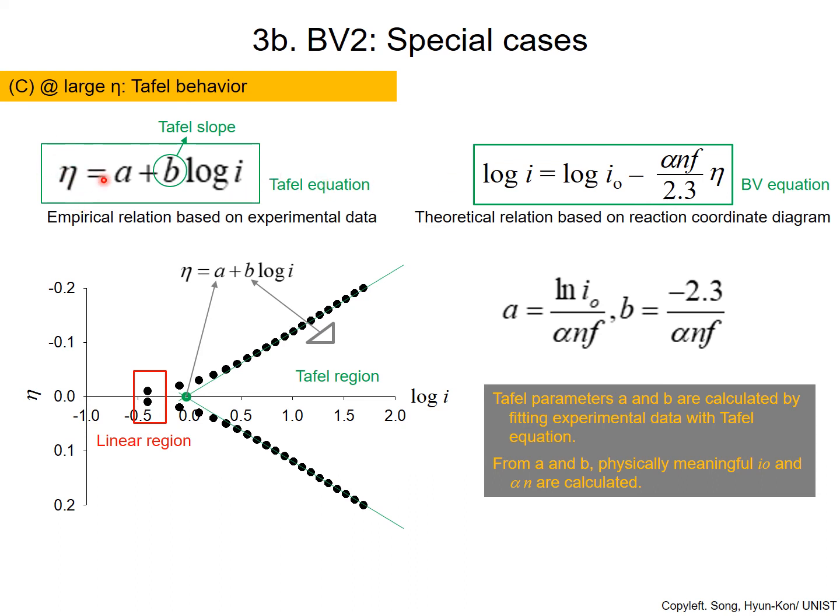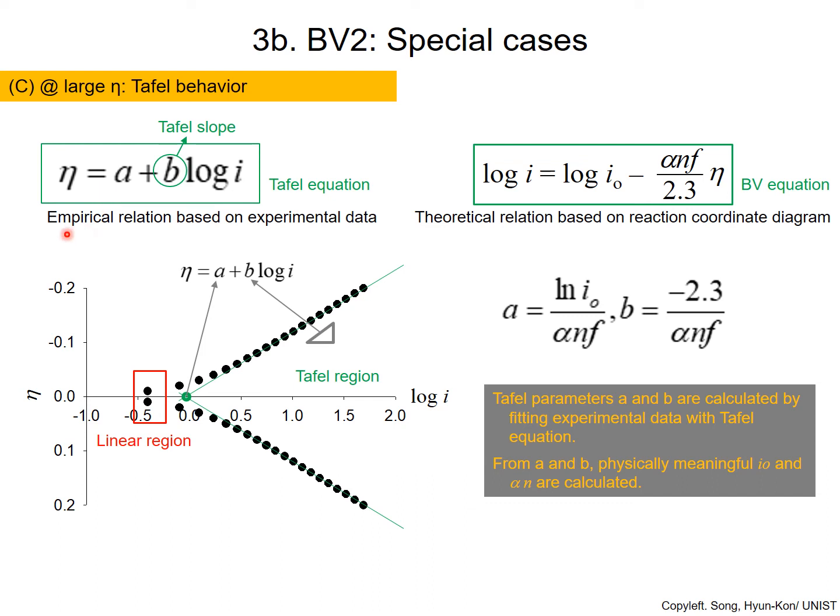Eta is equal to a plus b log I. Before the Butler-Volmer equation was developed, Tafel found that the potential is just proportional to the log function of current, especially at the high overpotential region. And he presented this Tafel equation.